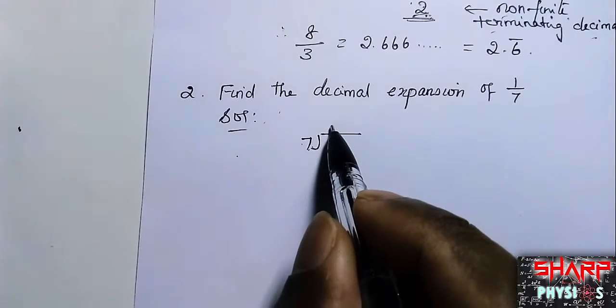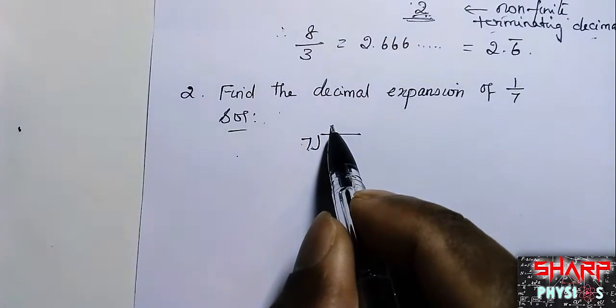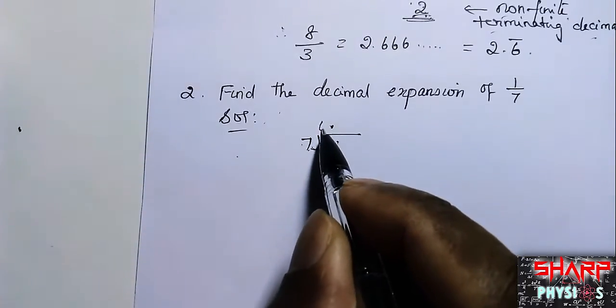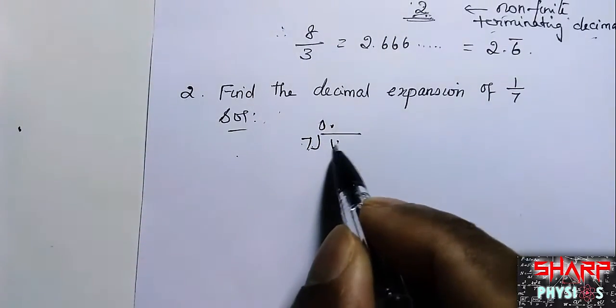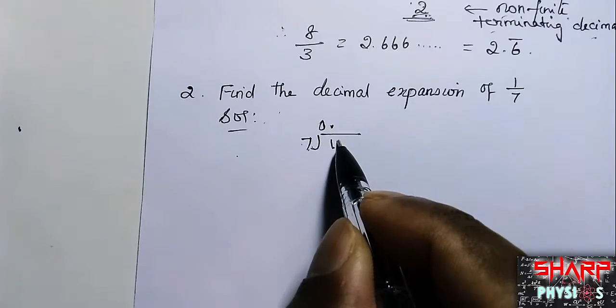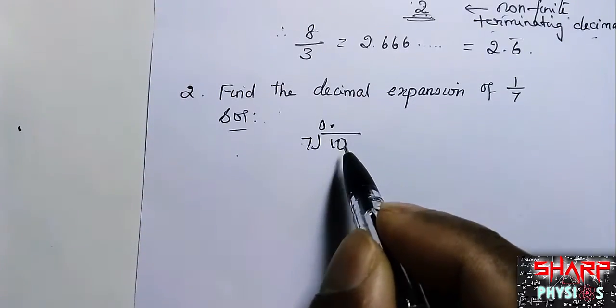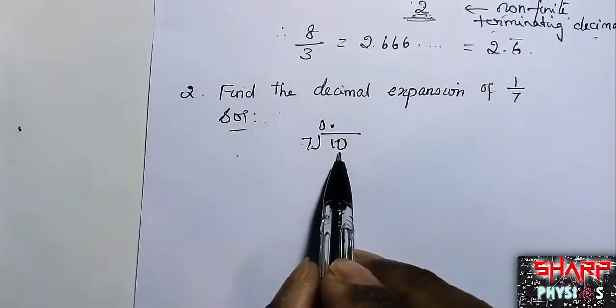So we place a 0 and a decimal. Then you add a 0 here, so it becomes 10.